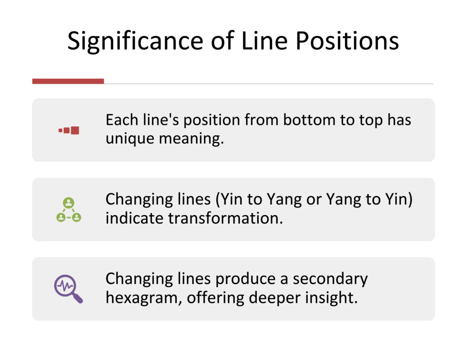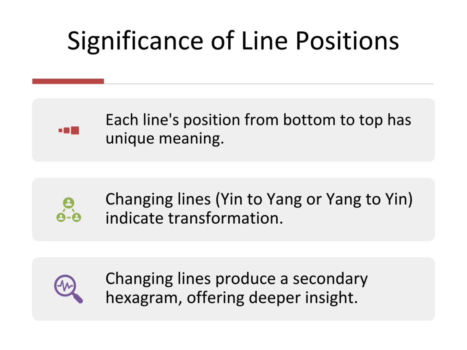Now, the concept of changing lines is quite fascinating. When a line transforms from yin to yang or vice versa, it signifies a shift or transformation in the situation or energy you're exploring.